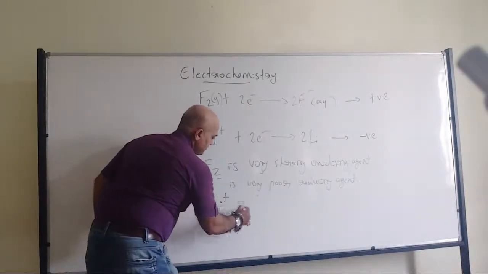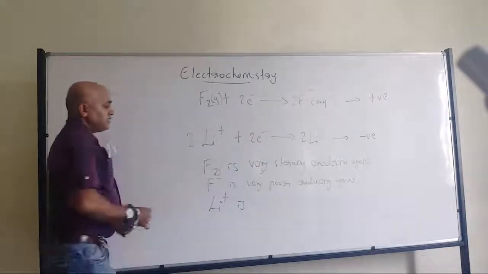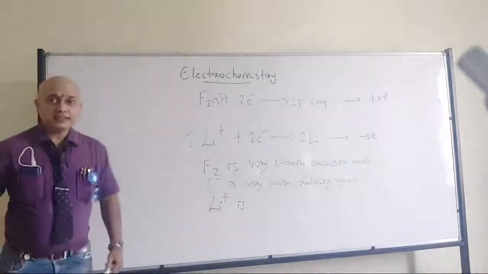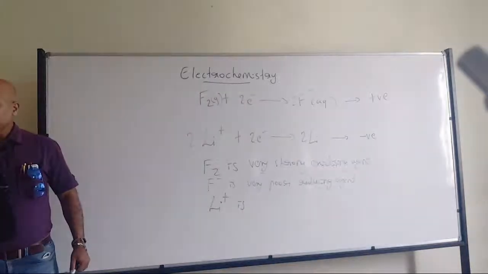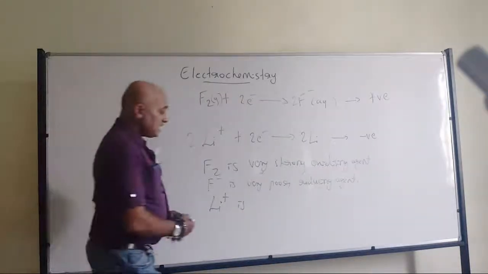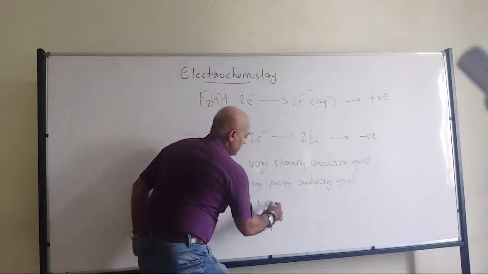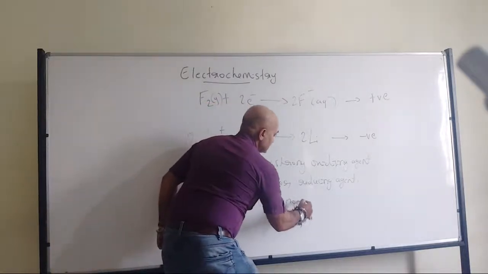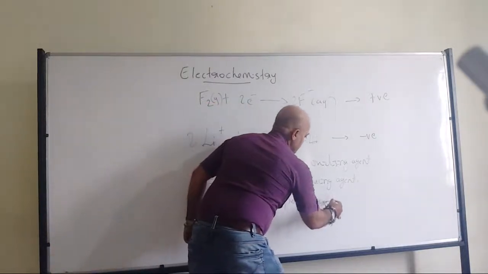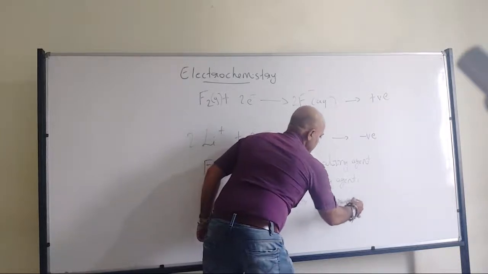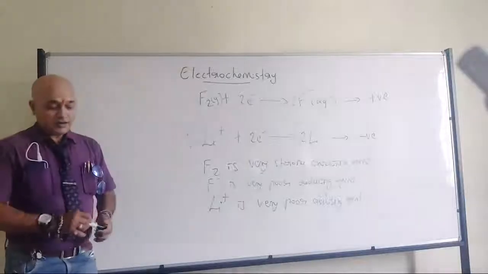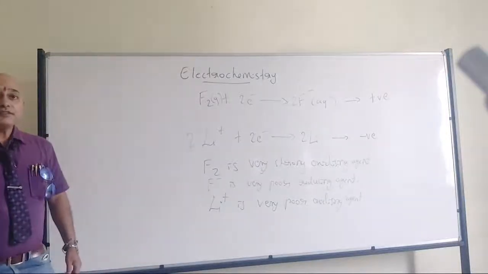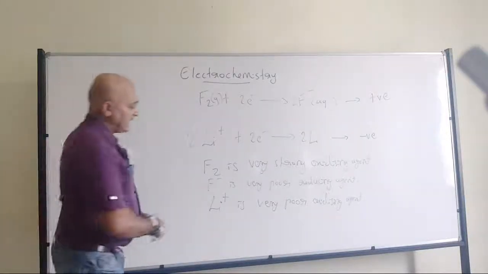Based on this statement, can you give the statement for lithium plus? Lithium ion is a very poor oxidizing agent, exactly the reverse, because it is not going to take up the electron easily.